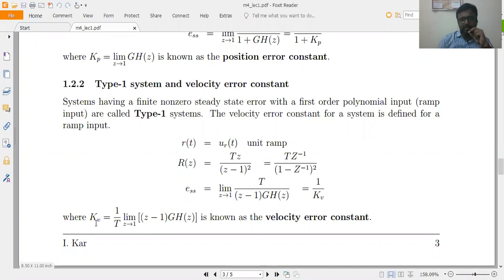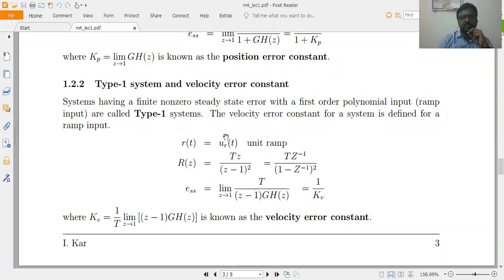Simple thing. Just taking the ramp function as an input and applying the Z transform, we get an expression for R of z.